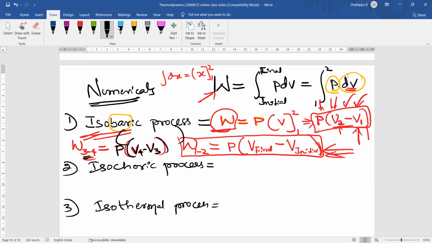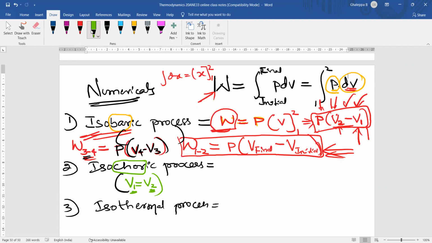Expression for work done for isochoric process. What is an isochoric process? Which property remains constant? Volume, sir. Volume is constant, which means initial volume is the same as final volume. During the process, the volume of the gas at the beginning is the same as the volume at the end.